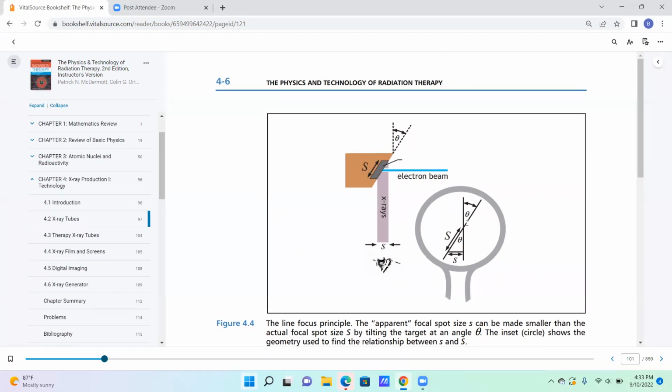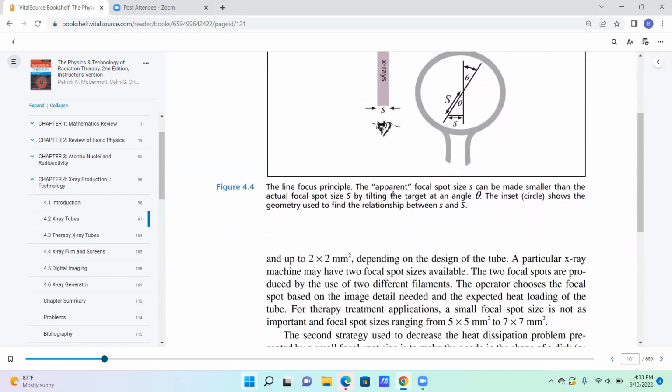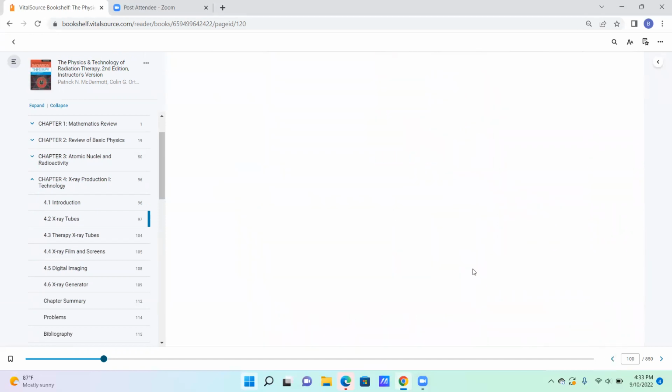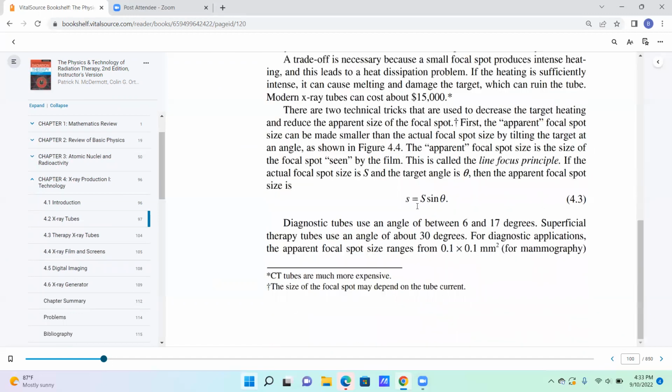The insert, or the circle here, shows the geometry used to find the relationship between s and S, which is what this is talking about.